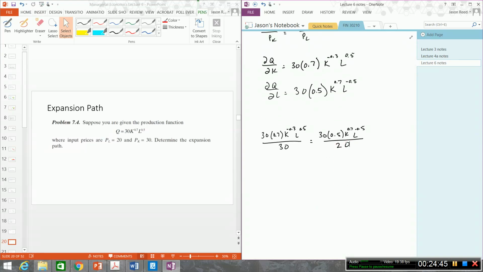So we're going to notice some things start canceling here, and we're going to be able to rearrange this. So let's cancel out the 30s really quickly here.